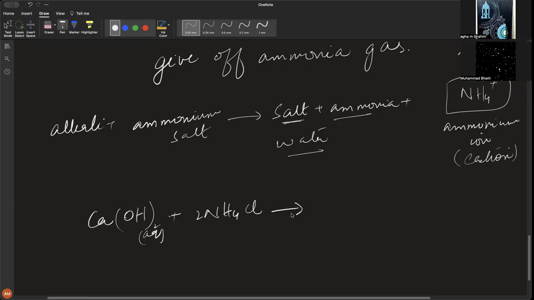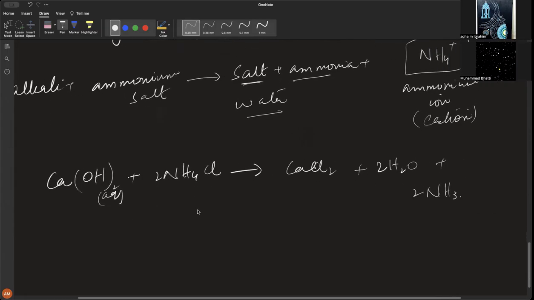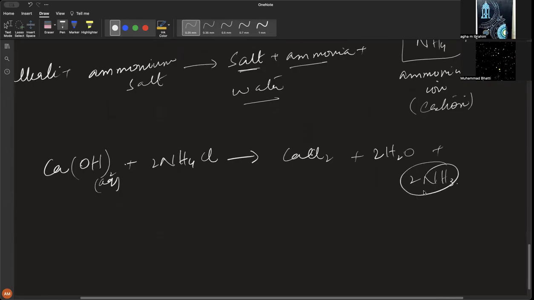Ammonium chloride is going to give you CaCl2, calcium chloride, plus water, plus NH3. So 2H2O, 2NH3, calcium stays like that. This is the equation. See? This is the ammonia gas.